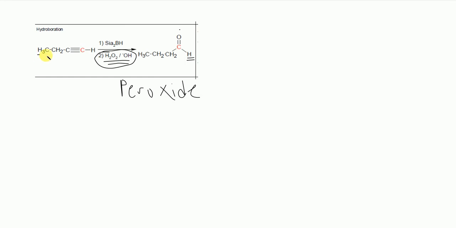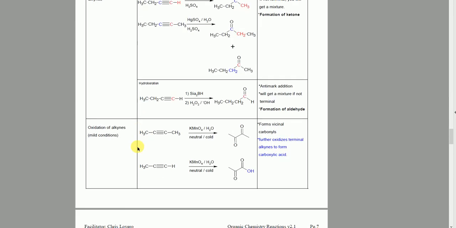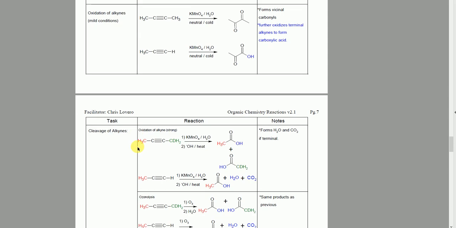So I can only use this reaction and get a unique product when I'm using a terminal alkyne, because in a terminal alkyne there are different environments, and in an internal alkyne the environments are essentially the same. So this is always going to form the carbonyl on the carbon that has the hydrogen on it. And that's all you need to know for that. So that's partially memorization. You can kind of understand a little bit to help you.